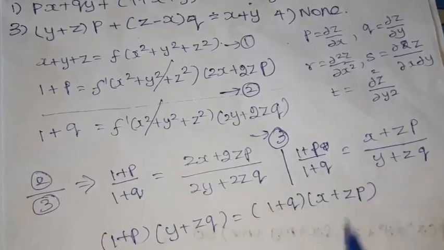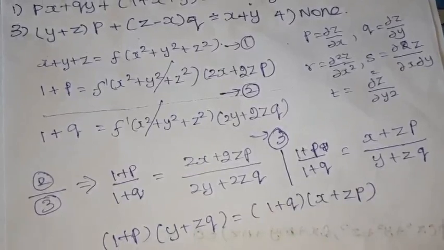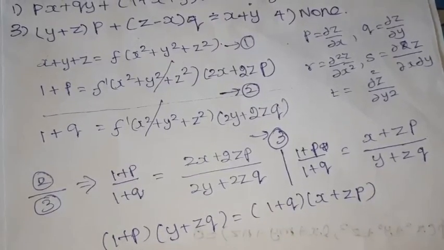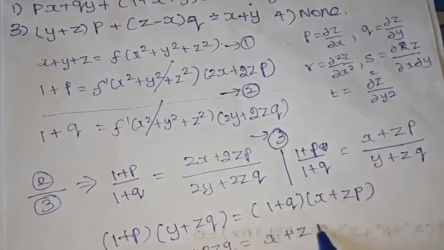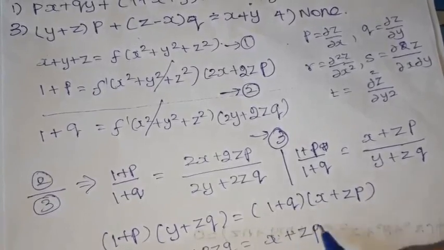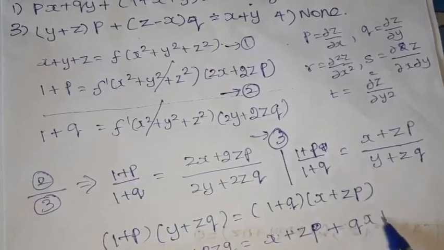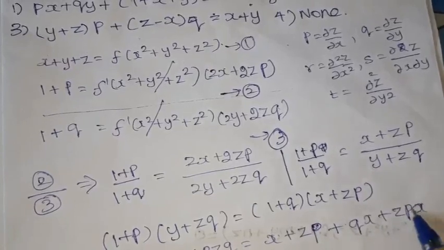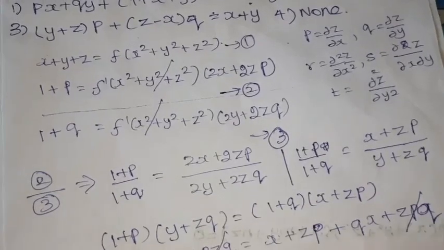Then multiplying inside, we get y plus zq plus py plus pzq on one side, and x plus zp plus qx plus zpq on the other. The pzq terms get cancelled on both sides.